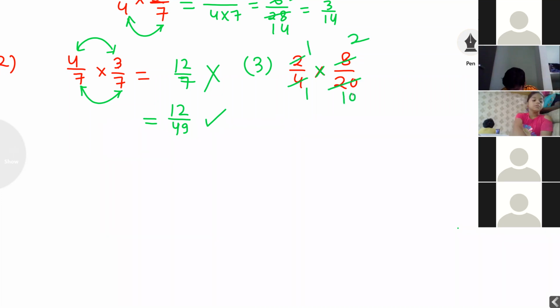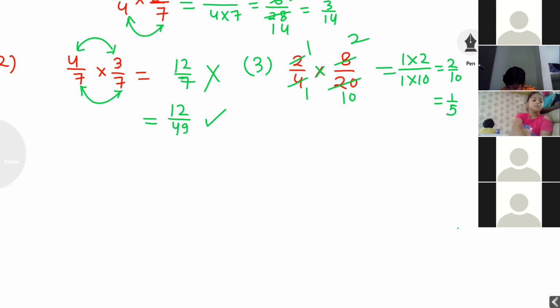We can cancel numerator and denominator in the case of multiplication. In the case of addition and subtraction, we can't cancel. Now the answer is 1 into 2 divided by 1 into 10, which is 2 by 10, which is 1 by 5.